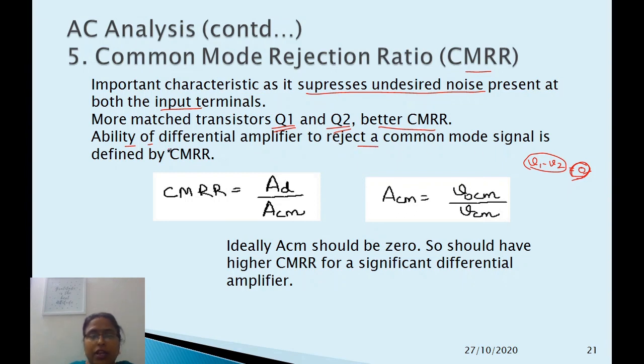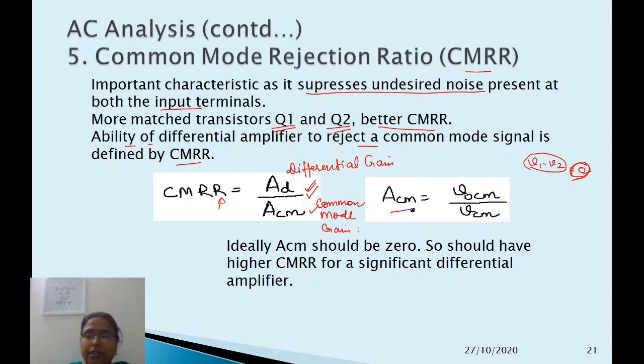So we can say that it is the ability of the differential amplifier to reject a common mode signal, and it is defined by the CMRR, which is given by this equation, AD upon ACM. What is AD? It is the differential gain divided by the common mode gain. This is the differential gain, and this is the common mode gain. So ideally this common mode gain should be equal to 0. That's why CMRR will be very high.